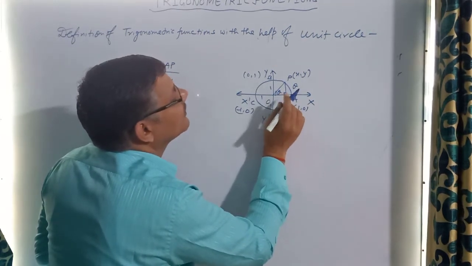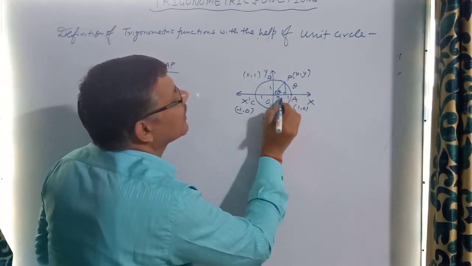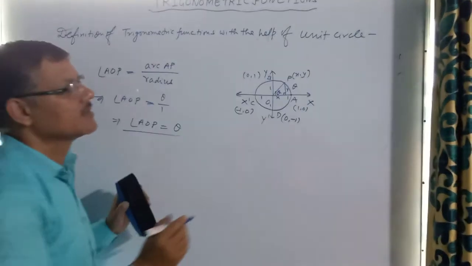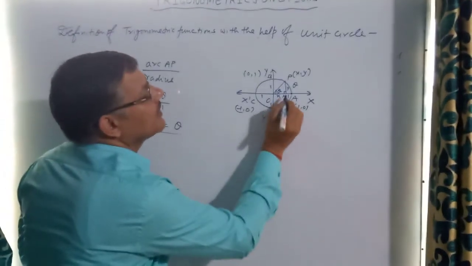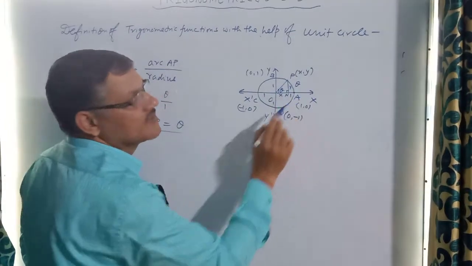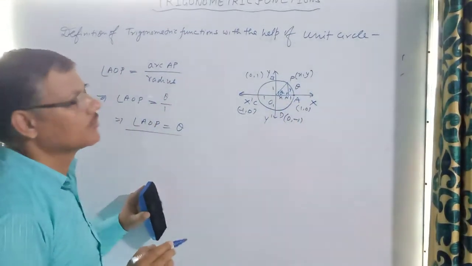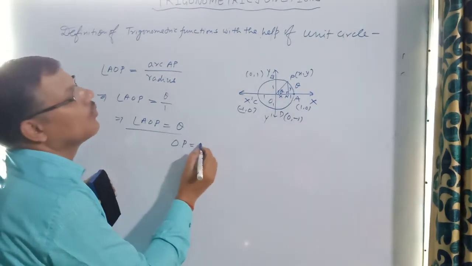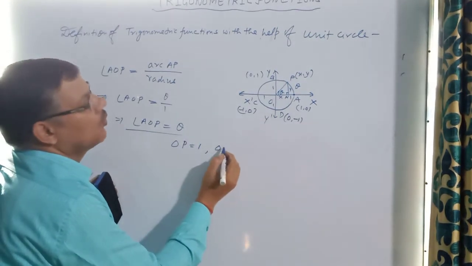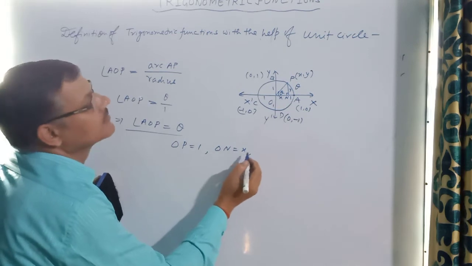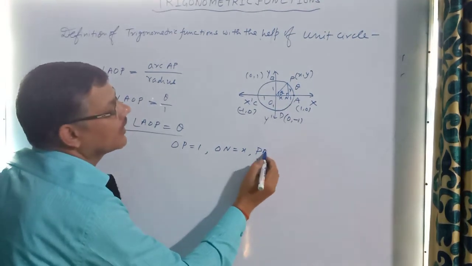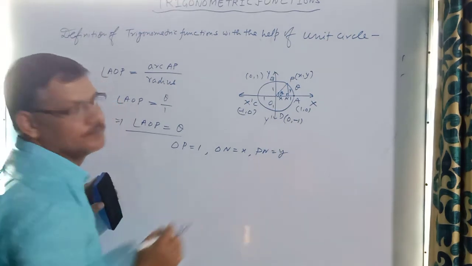Now by definition of abscissa and ordinate, this is x and this is y. It means a perpendicular PN is drawn which is perpendicular to OX. So from here we get OP equal to 1, ON equal to x, and PN equal to y.